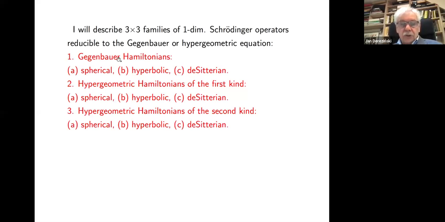Each will have 3 types, which we call spherical, hyperbolic, de Sitterian. I will try to justify these names. At least this is quite a symmetric list of names.